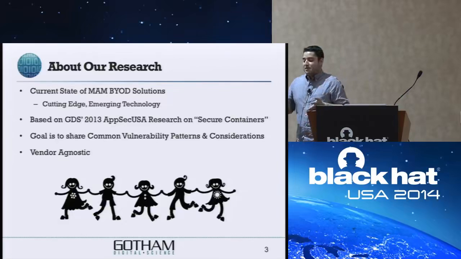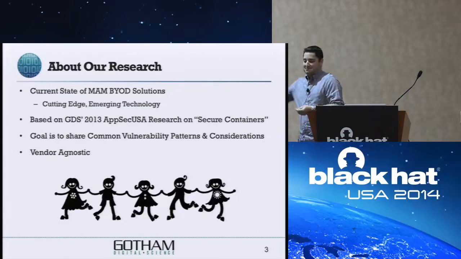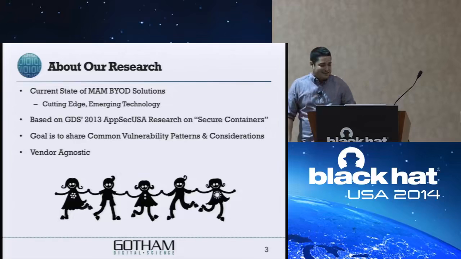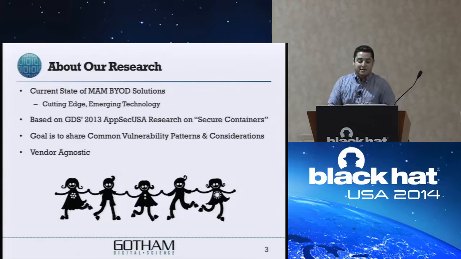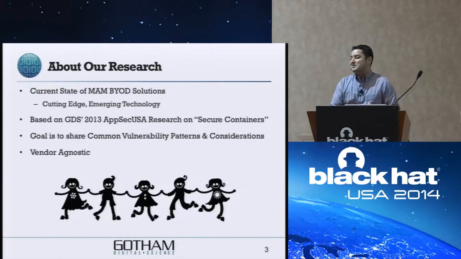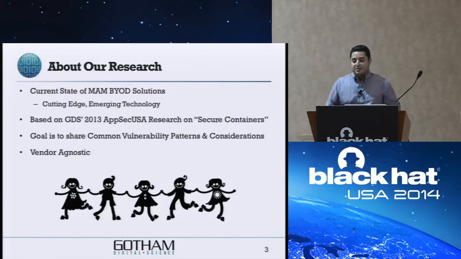We don't want to show preference for one vendor over another, and I also don't want to have to avoid cease and desist letters while I'm on stage because I'm talking badly about a vendor. So it's just like that picture. I just want to hold hands and be friends with everyone. But at the same time, talk about some of the common vulnerabilities that we did find, so that we can make these solutions stronger.